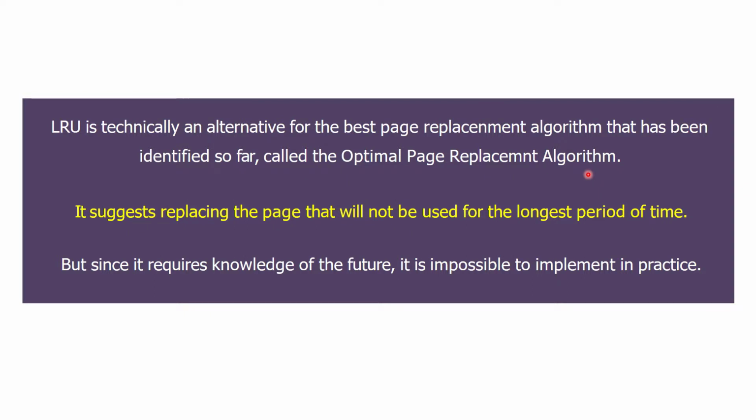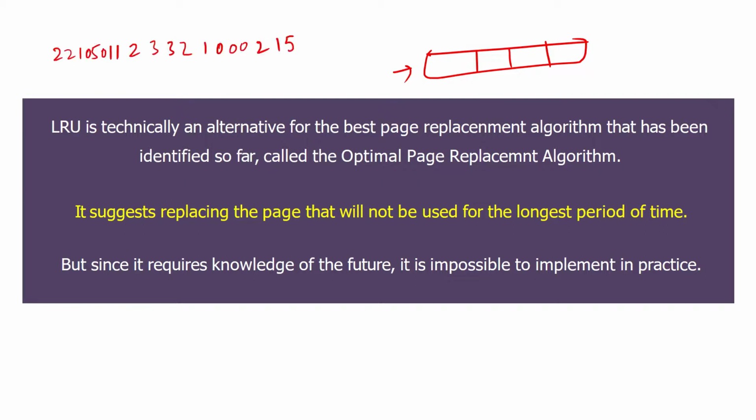Let's say that we have a page. Let's say we have these 4 slots in the page replacement. So what we need to do is put the values here such that, let's say we have a queue of 2 2 1 0 5 0 1 2. Let's consider these numbers. Let's say that we need to fetch these one by one and fill in these 4 locations. So when we fetch the 2 initially, there is one page fault because it is not available initially.